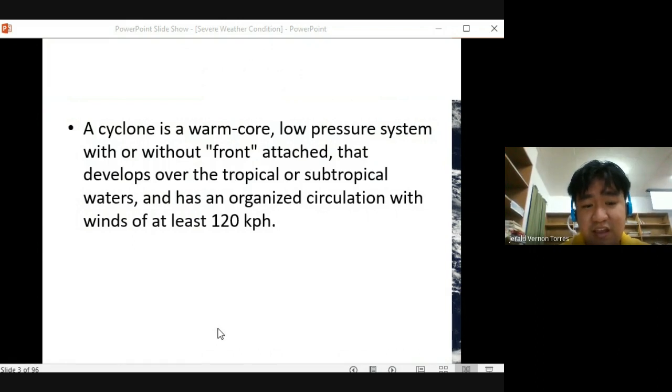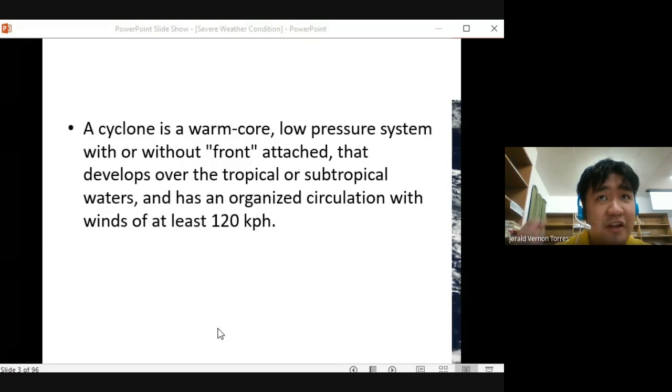Low pressure area siya, kung saan meron kayong warm core, meaning yung gitna niya, it's a stable core at the middle, a low pressure area with a stable core at the middle, and usually form at tropical or subtropical regions. The prominent thing here is that in order for a typhoon, a hurricane, or cyclone to be a typhoon, a hurricane, or cyclone, kailangan meron siyang organized circulation of wind.